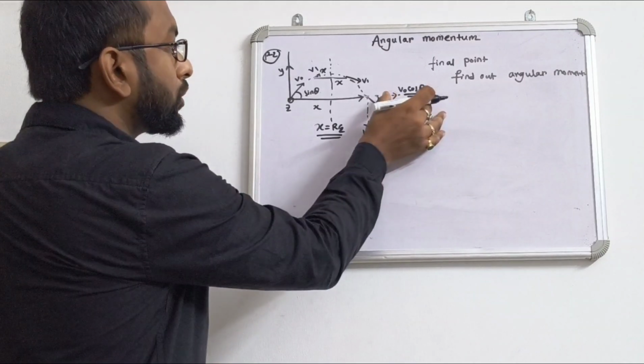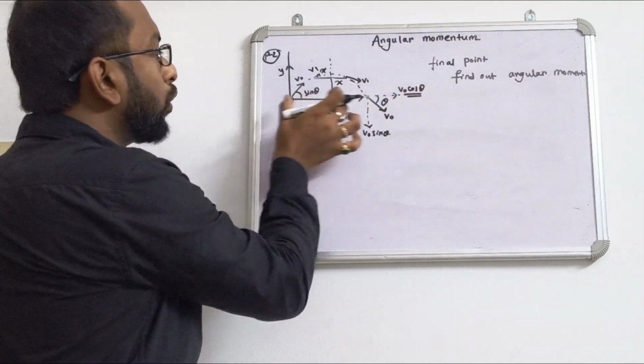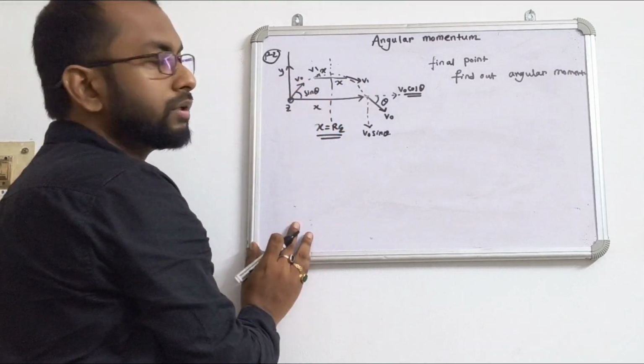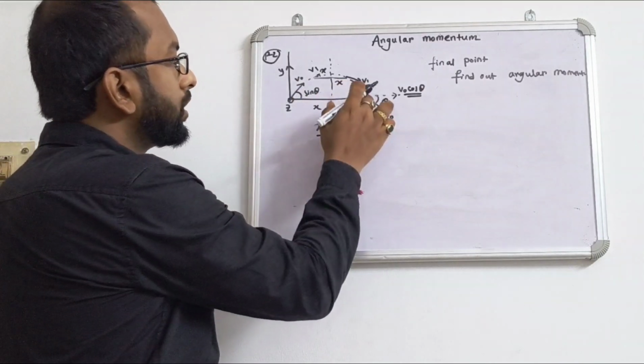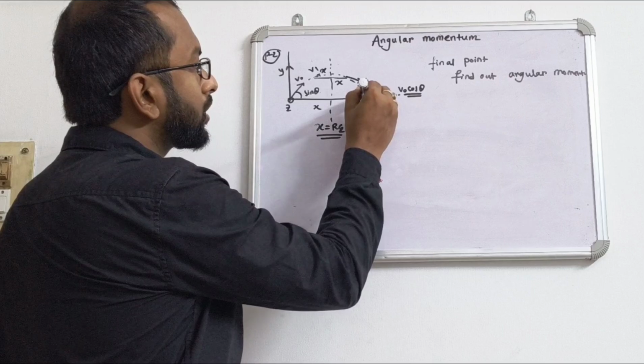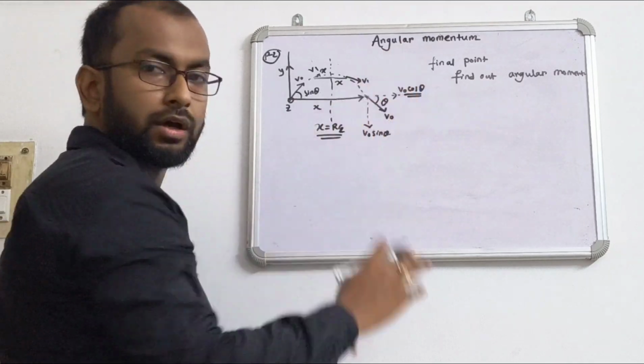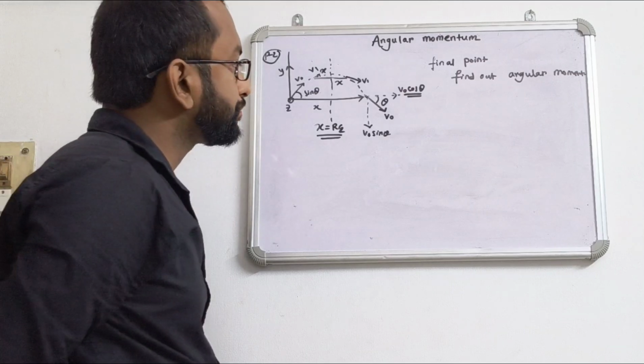Now see, the v0 cos theta vector is collinear, or if I extend this, it intersects the origin. So with respect to the origin, there is no distance vector, no perpendicular line we can draw on this v0 cos theta velocity component.